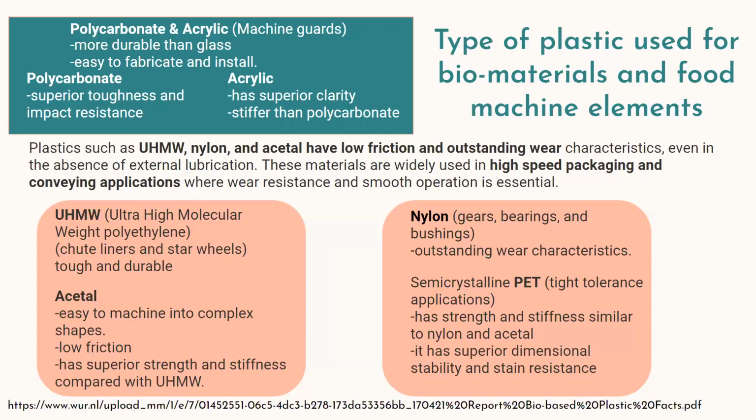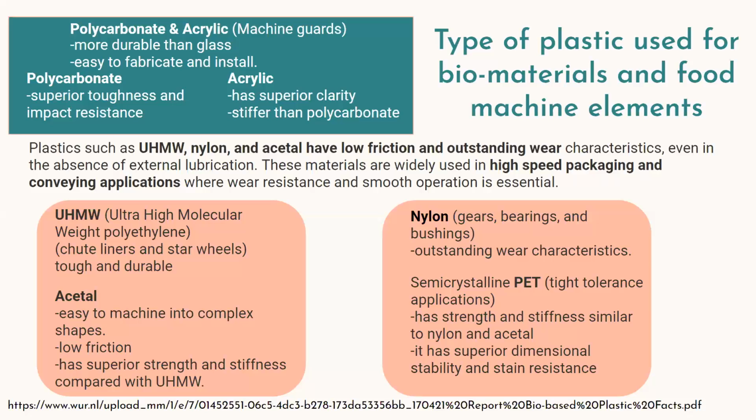Acetal is easy to machine into complex shapes. It has low friction and superior strength and stiffness compared with UHMW. Nylon has outstanding wear characteristics, particularly when in contact with metal in a dry environment. It is often used for gears, bearings, and bushings when long wear life is required and external lubrication needs to be avoided.